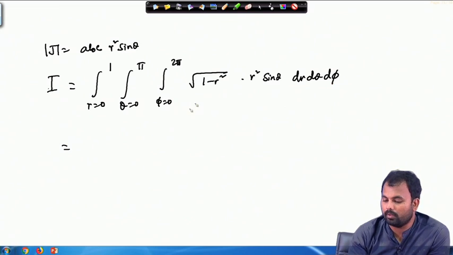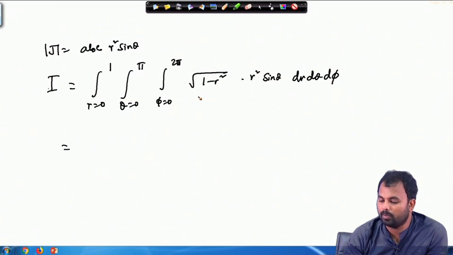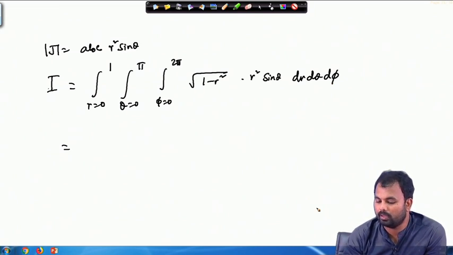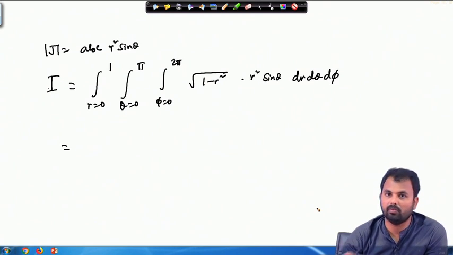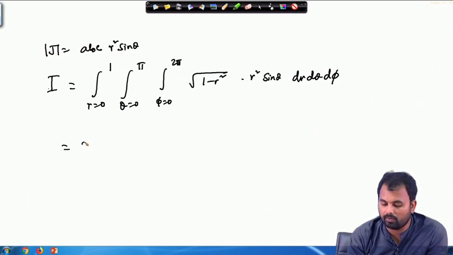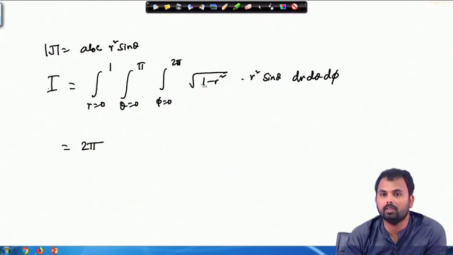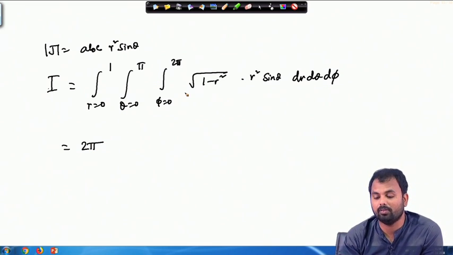Now, we can separate. So, we keep the r integrals at one place, theta integrals at one place, and phi integrals at one place. Since there are no variables involving phi in the integrand, it will be simply 2 pi, because it is phi evaluated at 0 and 2 pi.